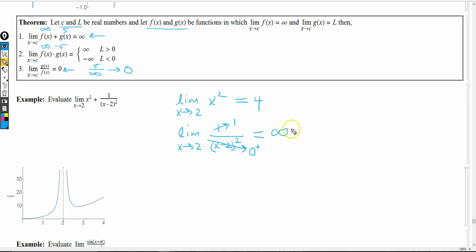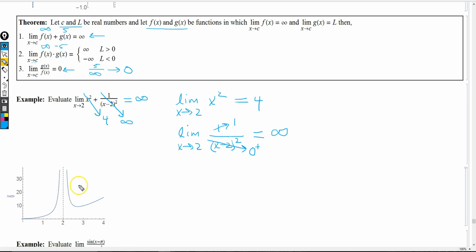It's approaching infinity. So what we have then is the x squared portion approaching 4, and this portion approaching infinity. So you can think of, from result number 1, infinity plus 4, well, that's going to be positive infinity. So that's our answer, and that's how we reason it.